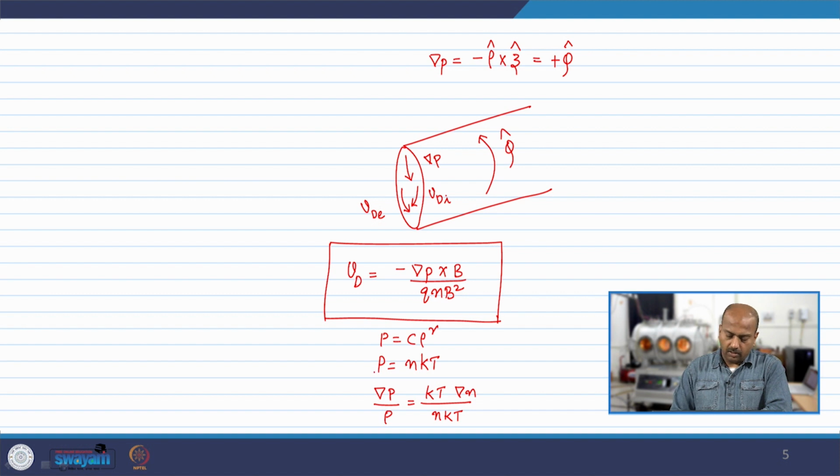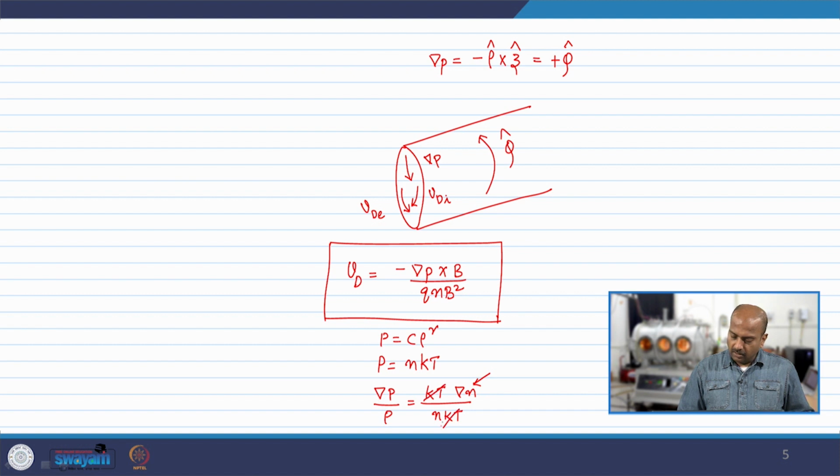I have taken a derivative of P, and k being a constant, T is also assumed to be a constant. Then if there has to be a change in the pressure, obviously there should be a change in the number of particles per unit volume, or vice versa. Both of them tell you the same thing, right.